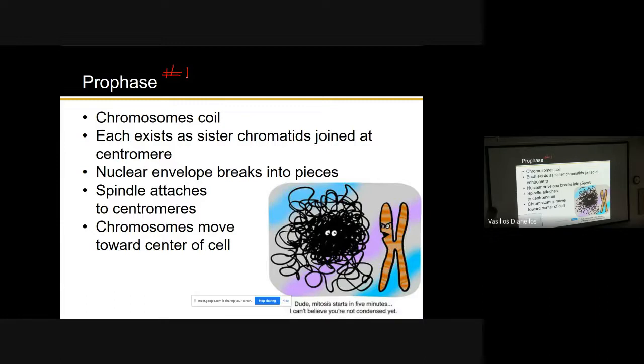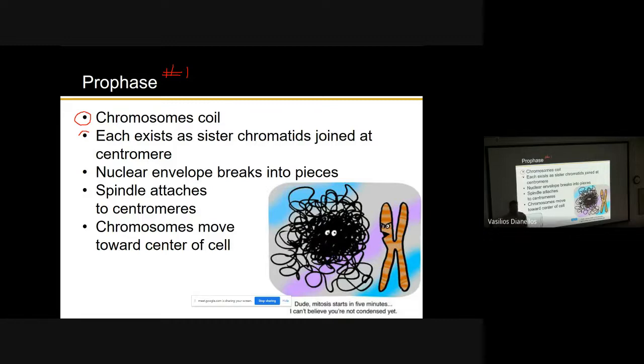Anyway, this is not in chronological order. This is just the order in which we are talking about it. But in prophase, the chromosomes coil up. Because again, when they're not going through mitosis, it's a big squiggly mess. And if you've done the lab already, if you look at these microscope pictures, you can't tell one chromosome from the other.